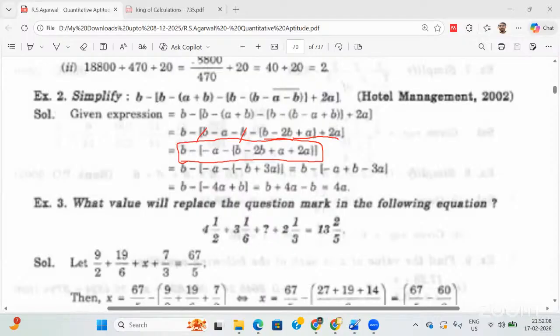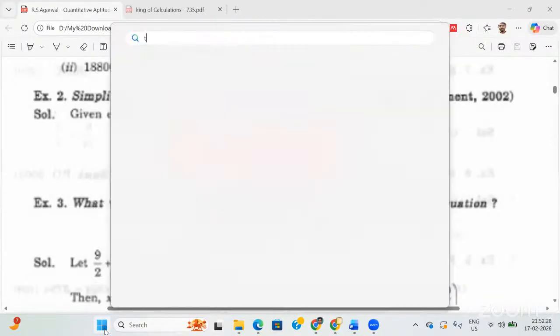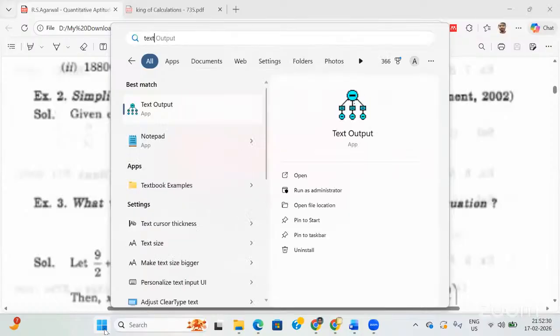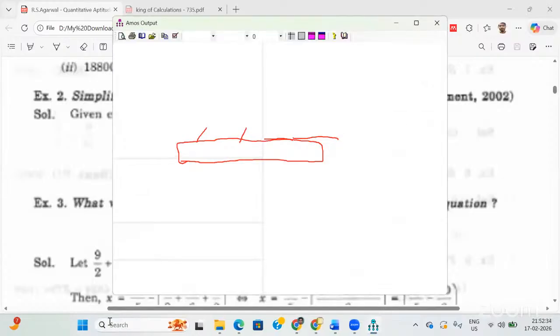The var sign prior takes the most priority, so we start from there, right, sir? Just a moment. Wait a minute. We open Word or notebook, whatever. Sorry, this is not a notebook.